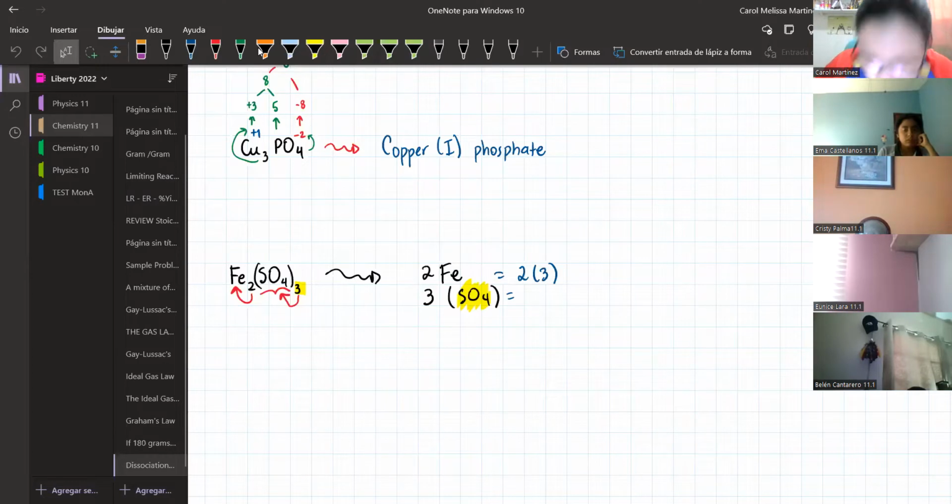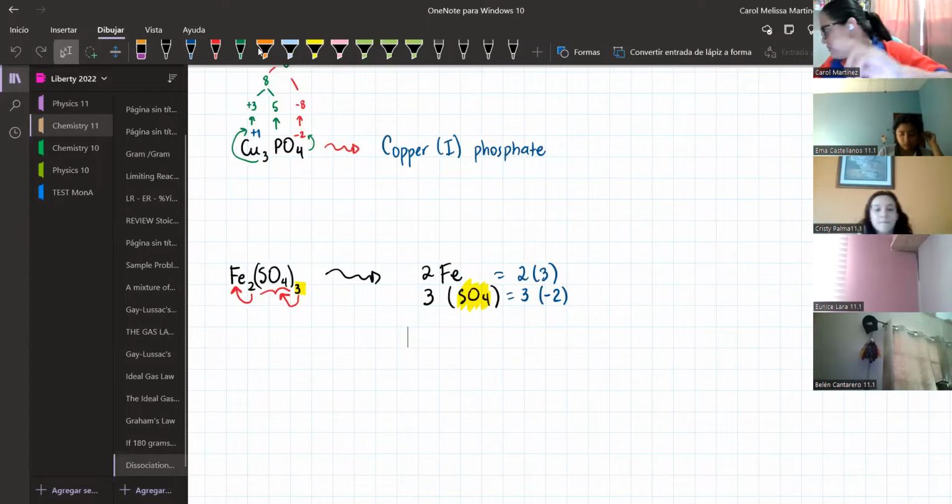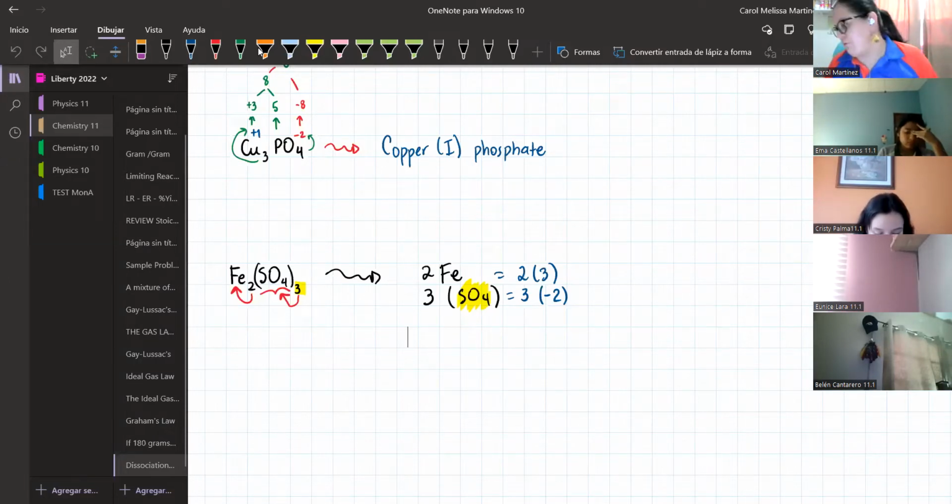So you have 3 outside the parentheses and the entire charge of sulfate is -2. Is it there in the table of the polyatomic ions? I will send it to you. No, not right now. I don't know where my phone is.